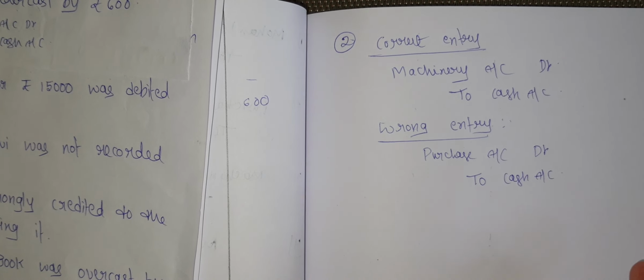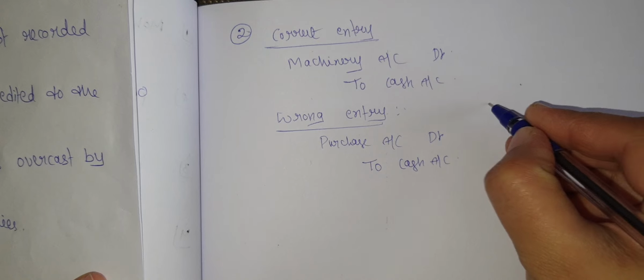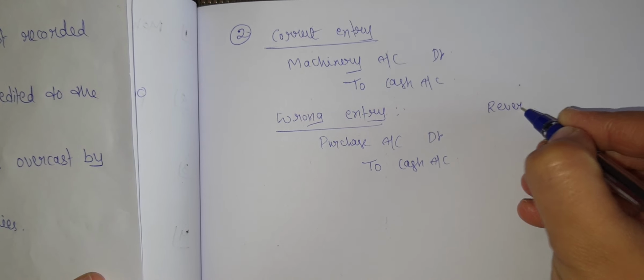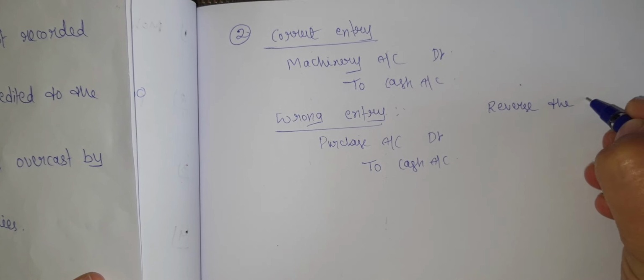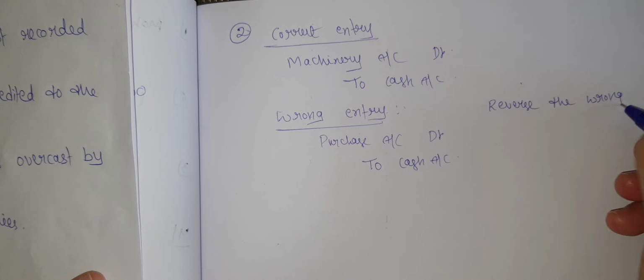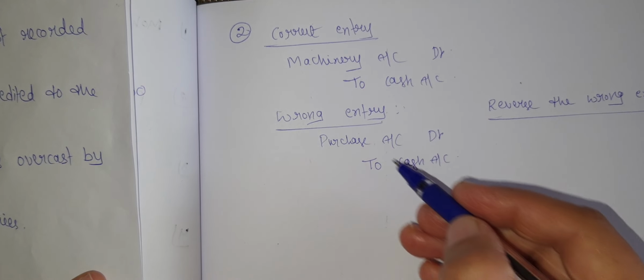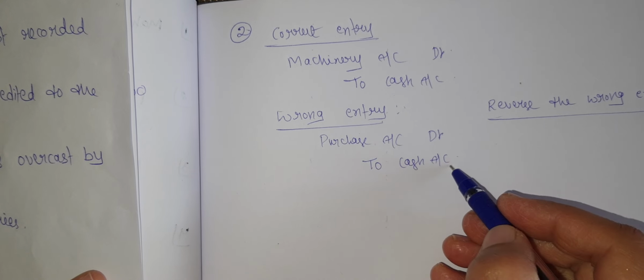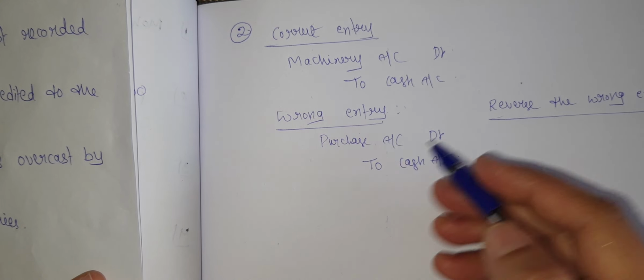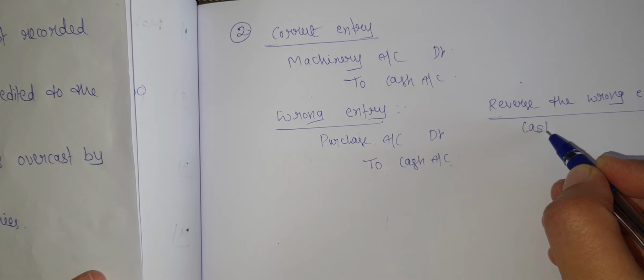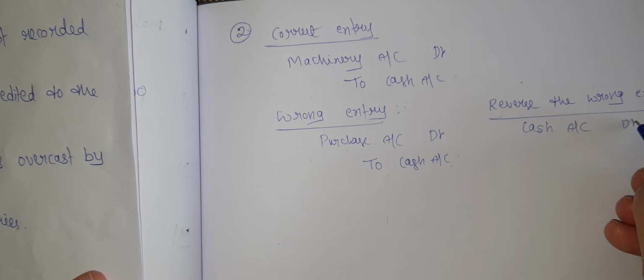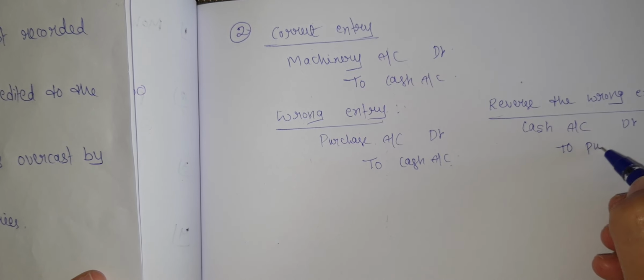Okay, now what is the next step? Now we have to reverse the wrong entry. Wrong entry is purchase account debtor to cash account. Now we have to reverse this entry. So cash account debtor to purchase account.